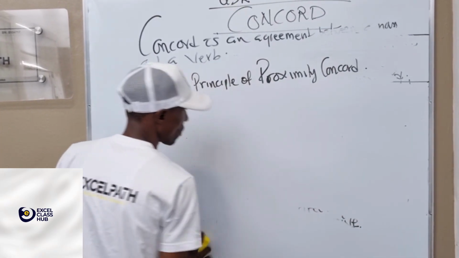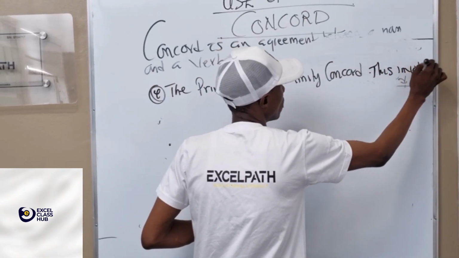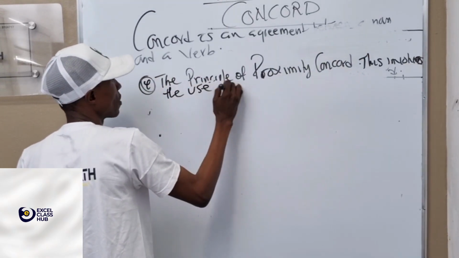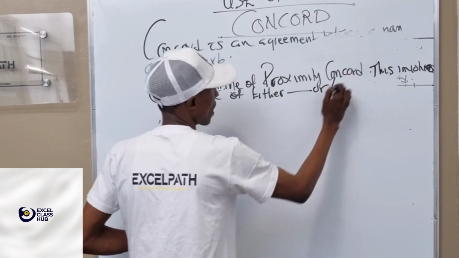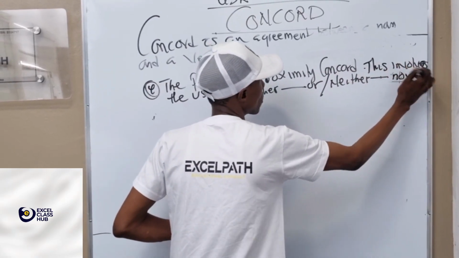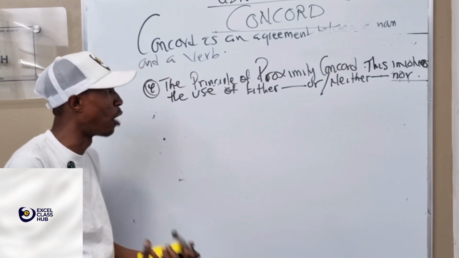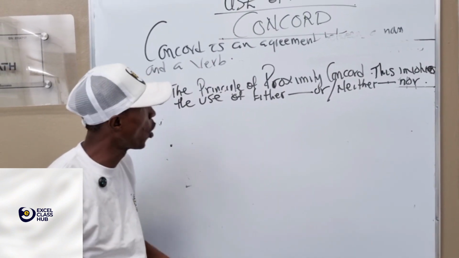This involves the use of either or / neither nor. That is what I mean by proximity. The closeness of the noun to the dash.